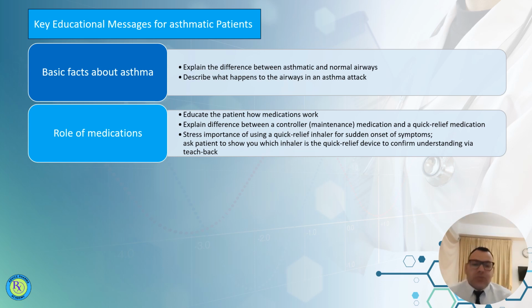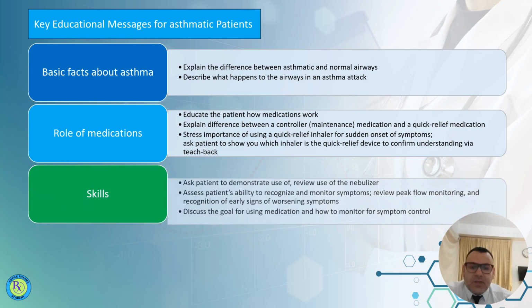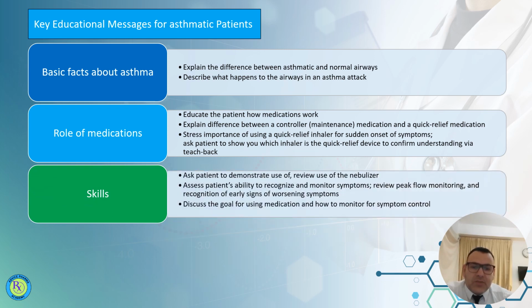And also, as we mentioned many times in this lecture, the difference between controller and preventer, and stress on using the quick relief inhaler during symptoms and the regular use of preventer, and ask the patient to teach back to confirm his understanding. You need to use some skills. You need to ask the patient to demonstrate the use of the nebulizer.